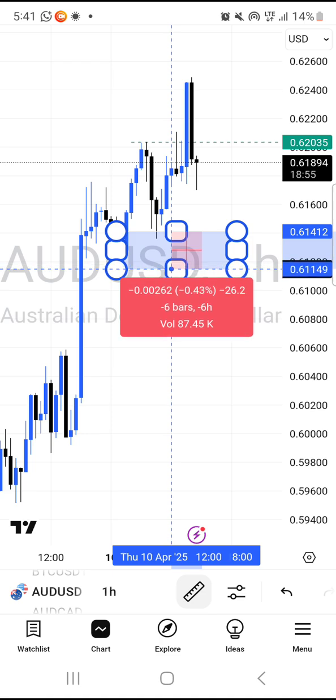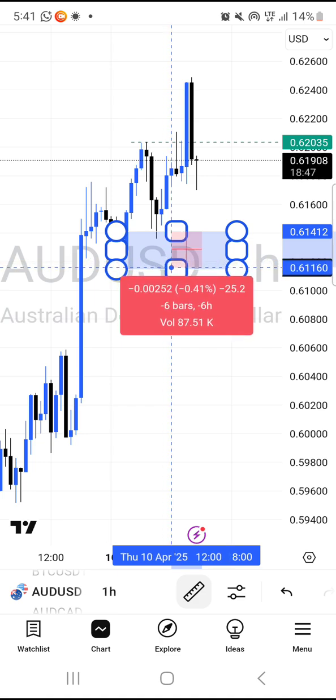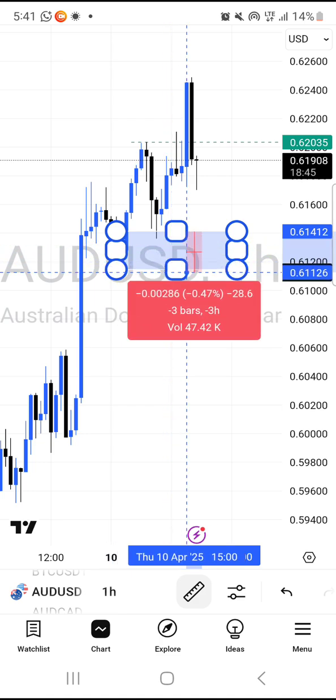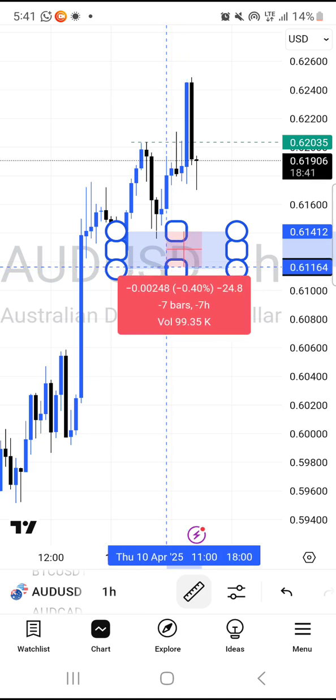How many are you seeing? This is 26. That means this zone is 26 pips. That means your SL, your stop loss, that's how much you want to be risking, is 26 pips.